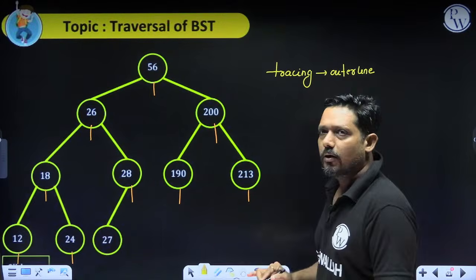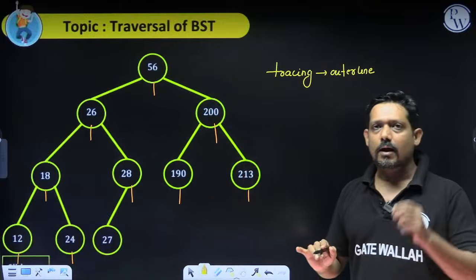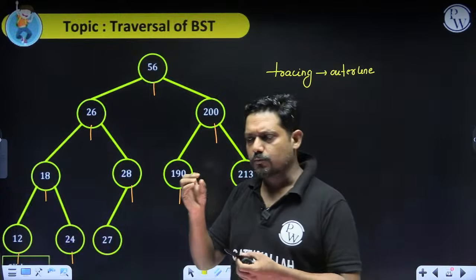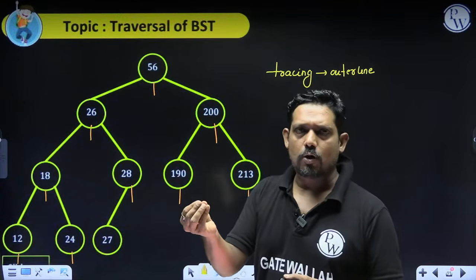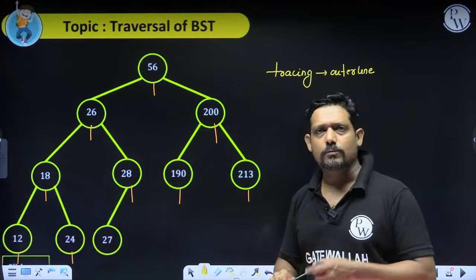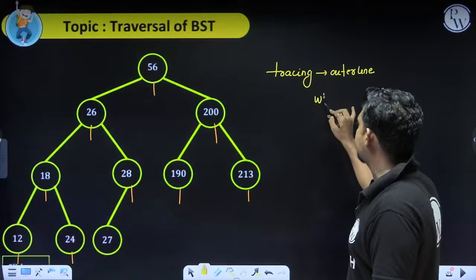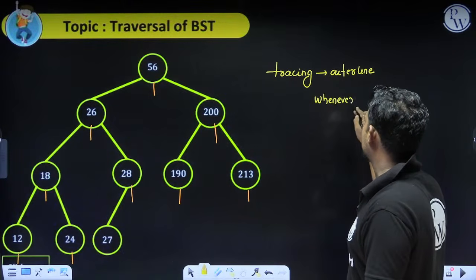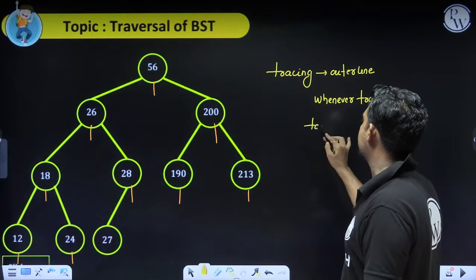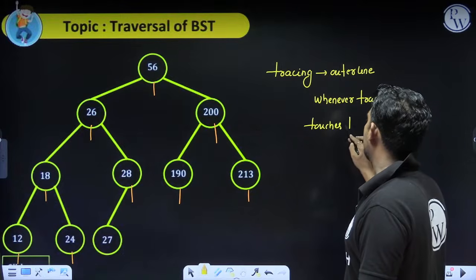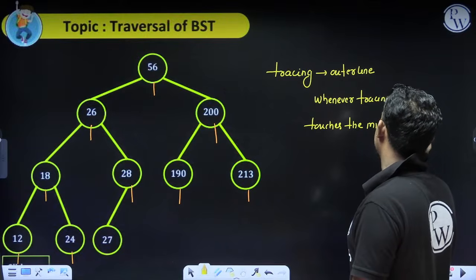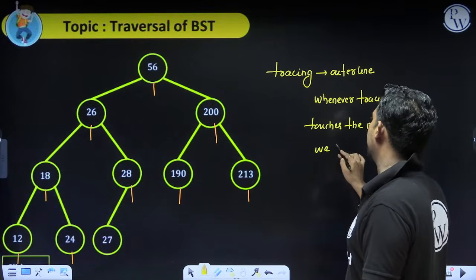What is tracing? Tracing is an outer line. We draw an outer line, just like a kid, when we are small, we used to draw tracing in every possible figure or image. Similar tracing we will draw, and whenever this tracing touches the middle line, we perform print.